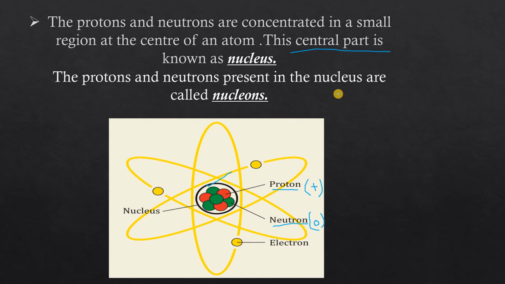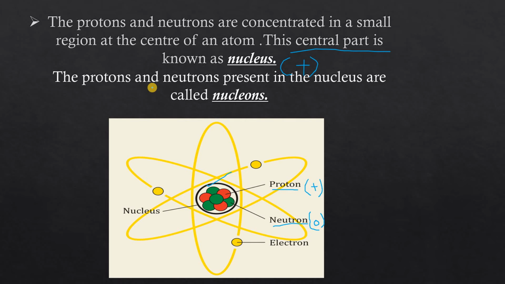These protons and neutrons together are known as nucleons, and the nucleus in all has a positive charge, because protons have positive charge and neutrons are without charge. So the whole nucleus is positively charged.